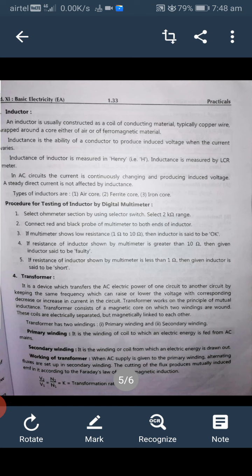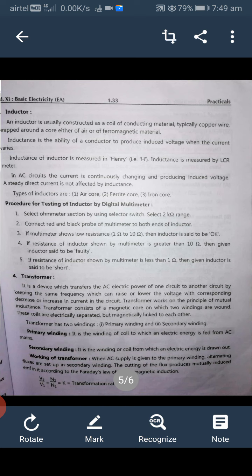A transformer has two windings. First one is the primary winding and the second one is the secondary winding. Primary winding. It is the winding or coil to which electric energy is fed from the AC mains. Secondary winding. It is the winding or coil from which electric energy is drawn out. Working of transformer.